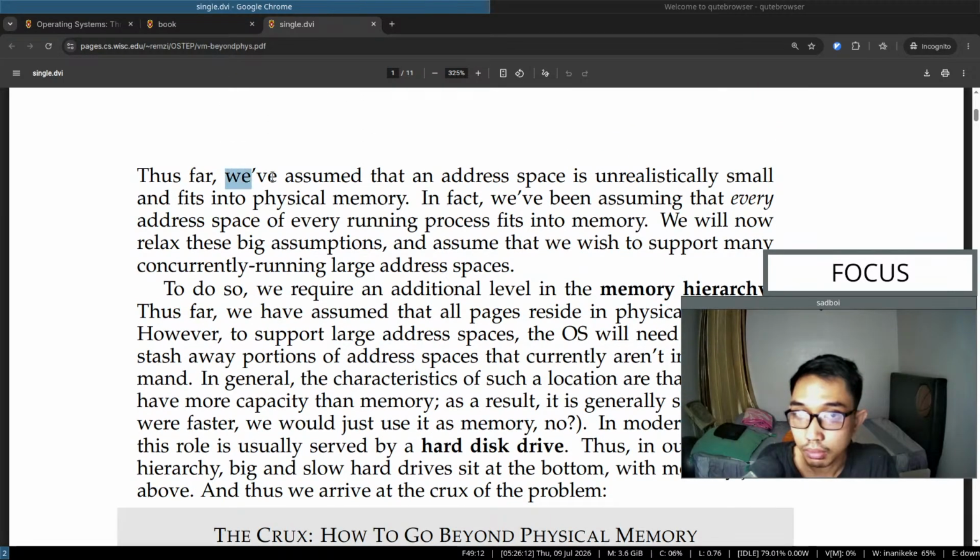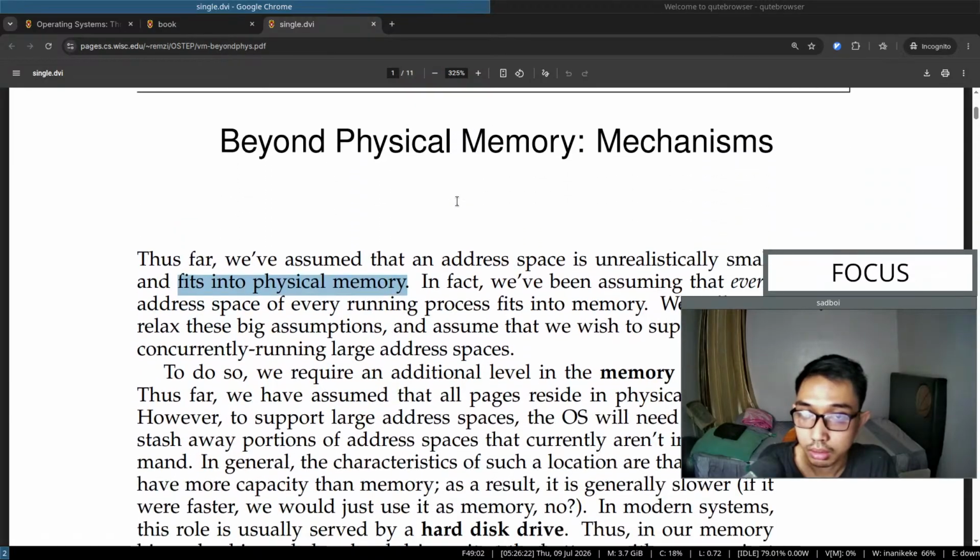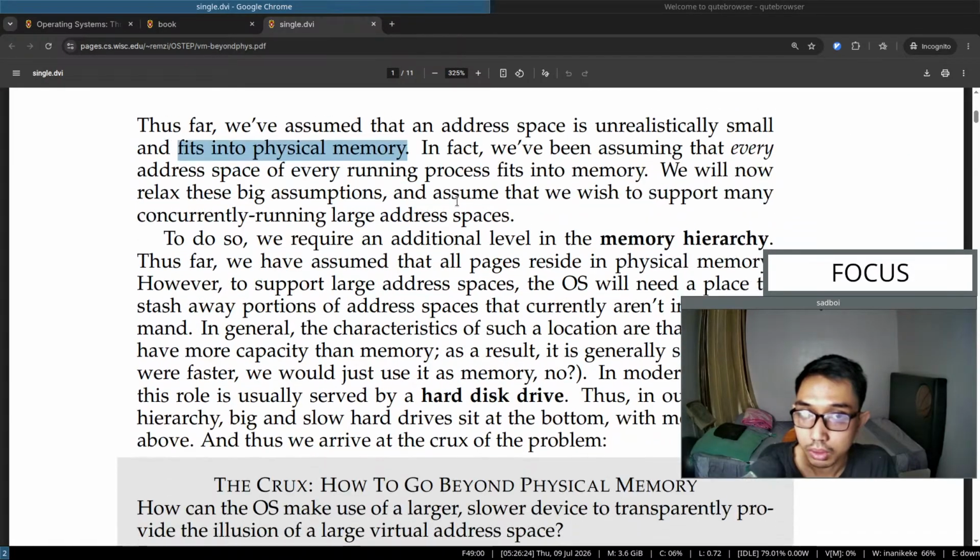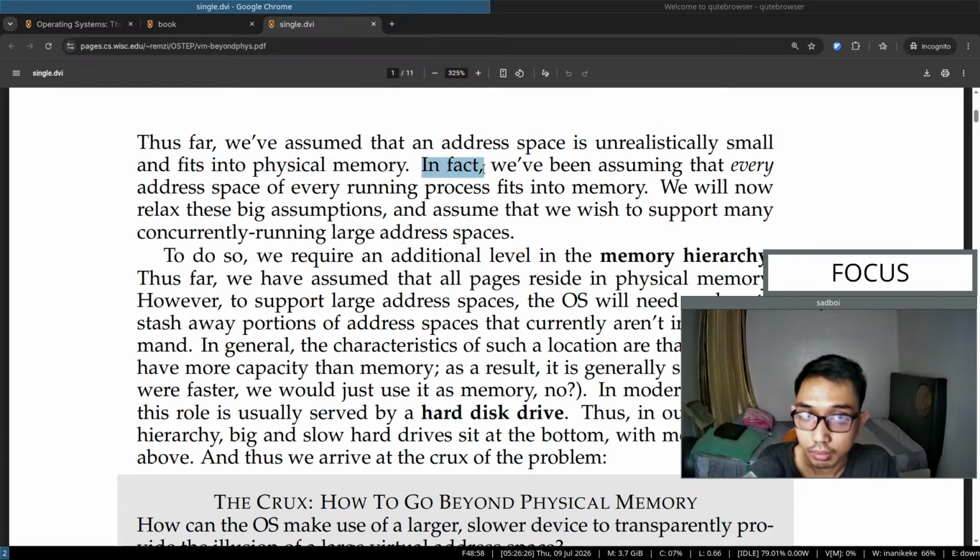Thus far, we have assumed that an address space is unrealistically small and fits into physical memory. In fact, we have been assuming that every address space of every running process fits into memory.